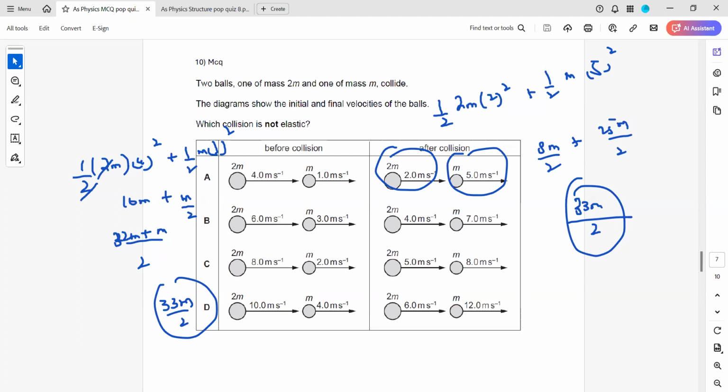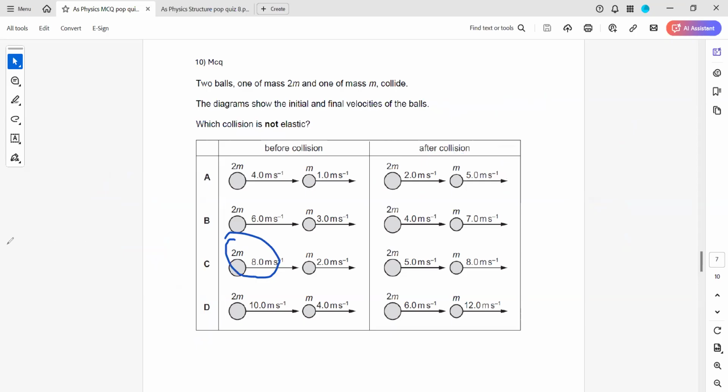Any doubts in this? So for the correct option, for example, we check for C. So it will be half mv squared. Half 2m into 8 squared plus half m into 2 squared.